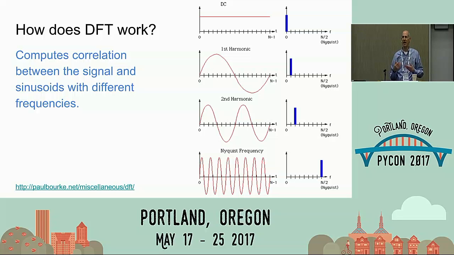And then I'm going to repeat that. I'll say, how much is my signal like a 200 hertz? And that's what this diagram is intended to show: I am comparing my signal to each of the frequency components I'm interested in, and the correlation that I get back is the amplitude of that frequency component. There's a little bit of mathematical work to make that efficient, but that is basically how DFT works.